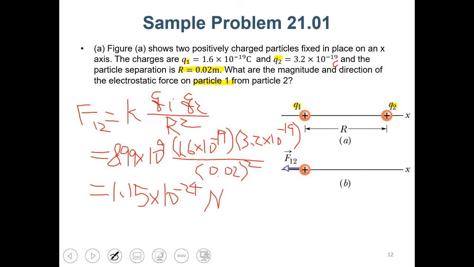So actually, during the intermediate stage, I suggest you usually write the formula first, and then you substitute the numbers, and then you write the answer. Actually, when I grade the quiz or exam, I usually see that some of you just write the answer, and if you are correct, that's still okay.